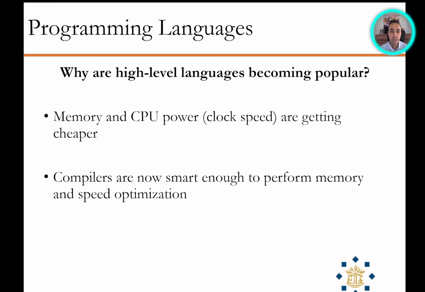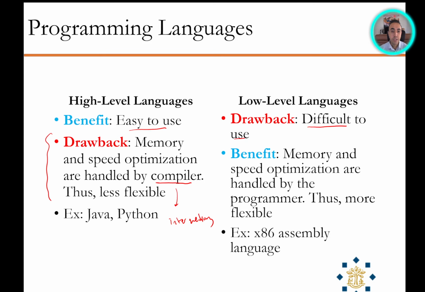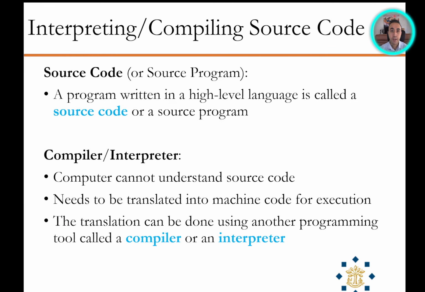But nowadays, because memory and CPU power are getting cheaper and a lot faster, compilers are smart enough to perform memory and speed optimization so fast, and they're becoming so cheap, that this drawback is no longer an issue. So that's why many people start to use high-level languages.